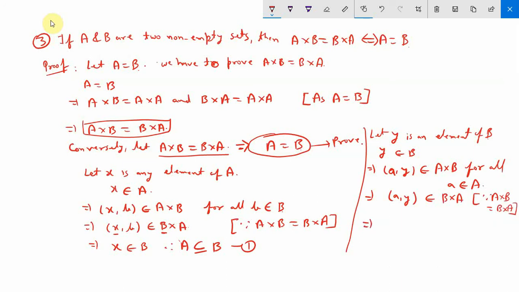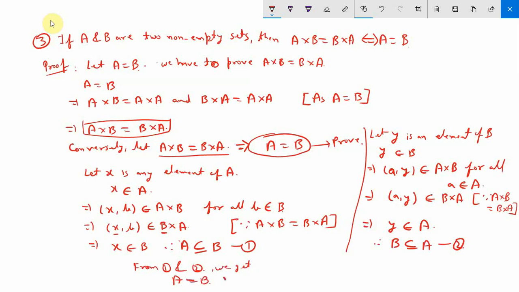So from this we can see Y is an element of A, or we can write B is a subset of A. So from 1 and 2 we get A equal to B. So both we have done.